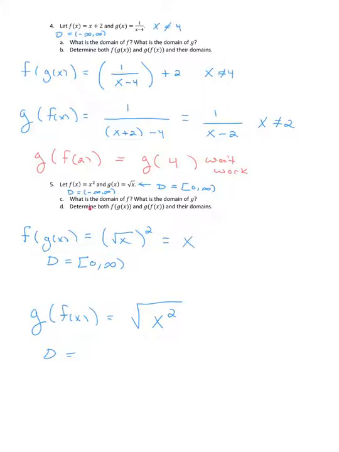Furthermore, since f is x squared, every number you get back is a positive number or 0, meaning that all of those numbers can then go into g. Here, I'm saying that the domain is all real numbers. But here you have to be careful. If you take the square root of x squared, it's tempting to say that it's equal to x. But we'll investigate a graph and note that it's actually the absolute value of x.